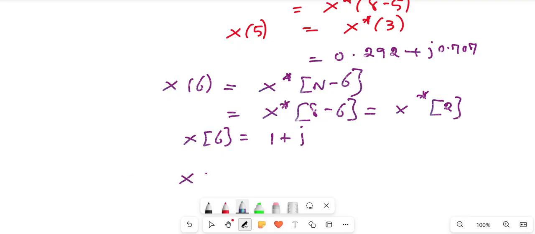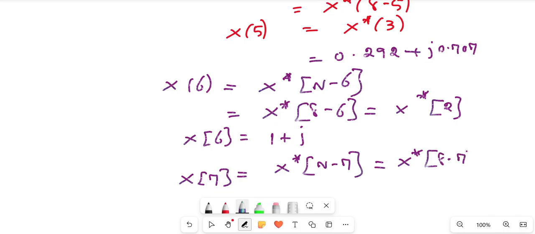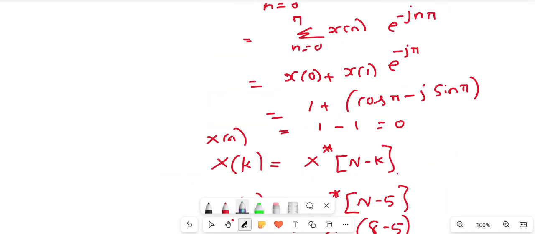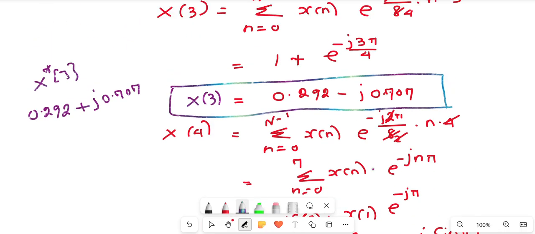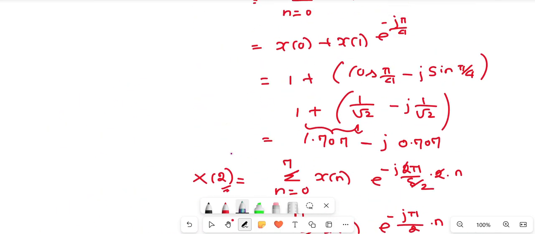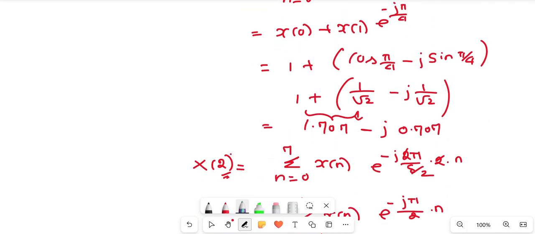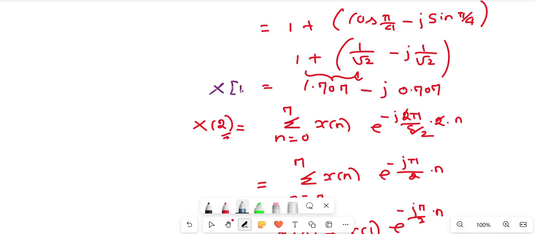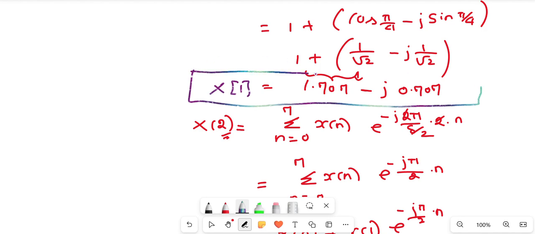Similarly, X of 7 is equal to the complex conjugate of X of N minus 7, which is equal to the complex conjugate of 8 minus 7, which is equal to the complex conjugate of X of 1. This is the X of 1 value.